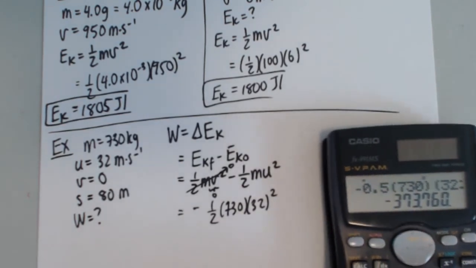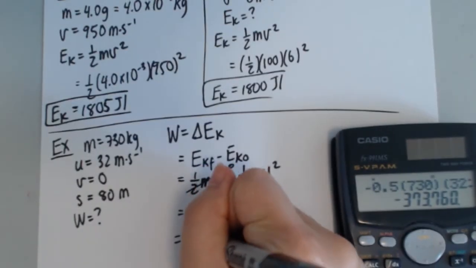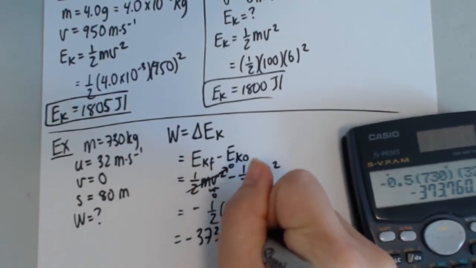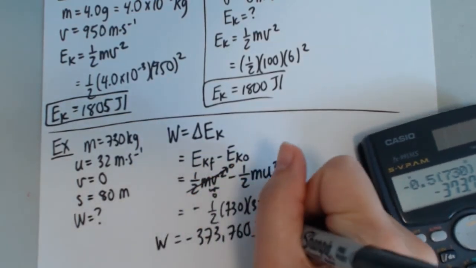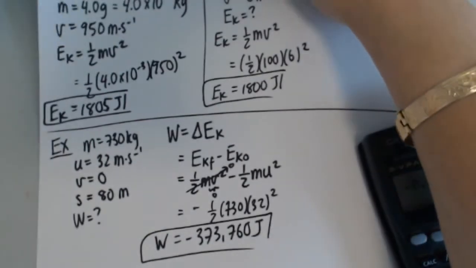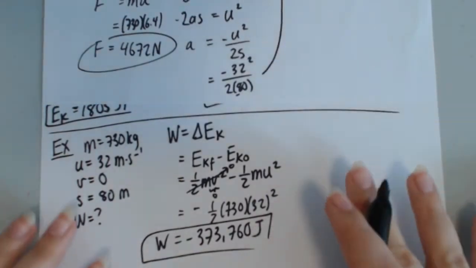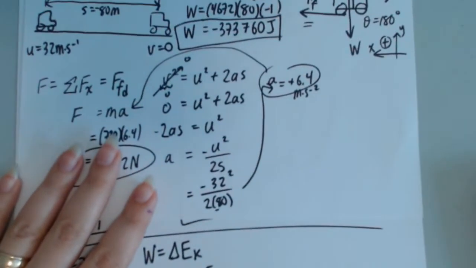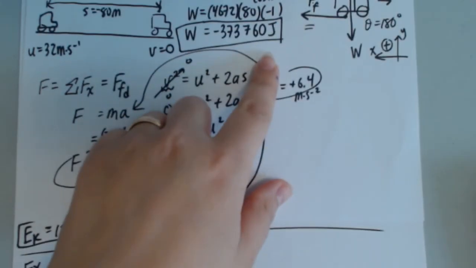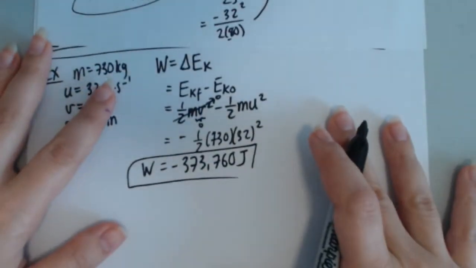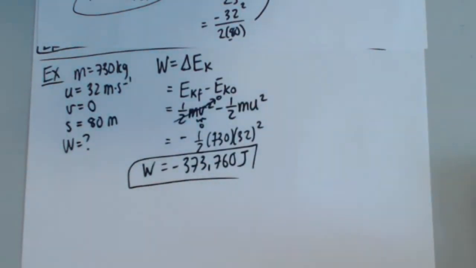That's minus 373,760 joules. And sure enough, if we grab our original solution, there it is, minus 373,760 and minus 373,760. So we get the same answer, but in a lot less time and much easier.